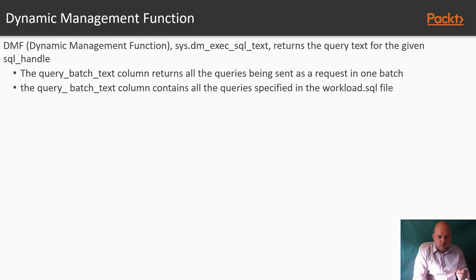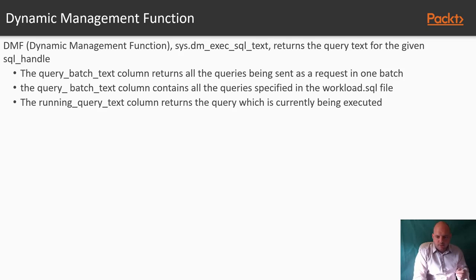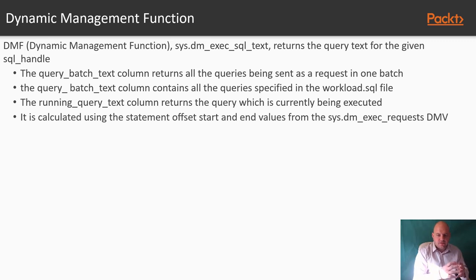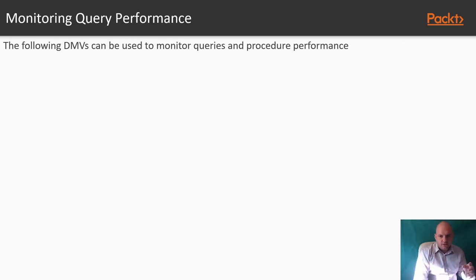The running query text column returns the query which is currently being executed, and it is calculated using the statement offset start and end values from the sys.dm_exec_requests DMV.